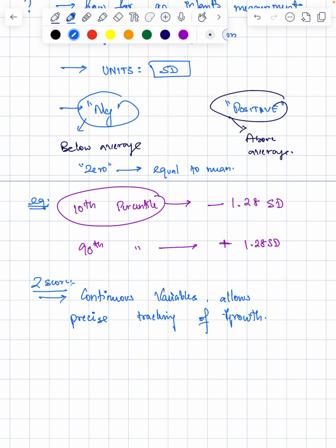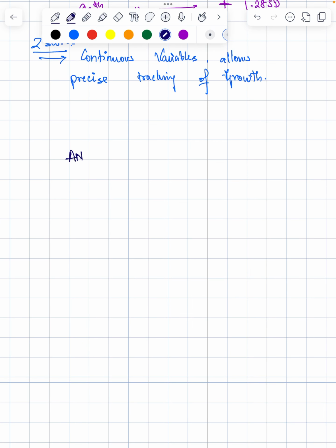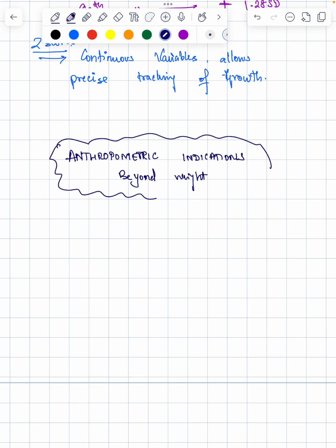We have another question, that is anthropometric indicators beyond weight. This is another important university exam question, and we'll make a video on it after the New Year.